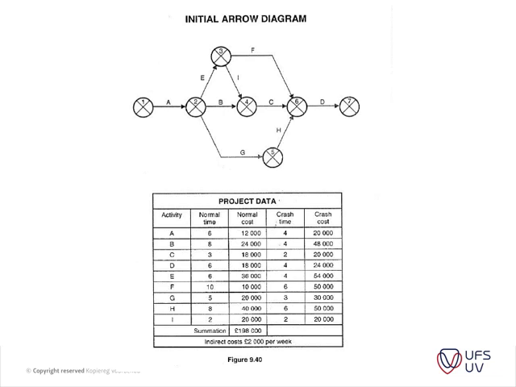The tabular data indicate the normal times, normal costs, crash times, crash costs, and the indirect costs of the project, which amounts to £2,000 per week. Okay, so this is that £2,000 per week.